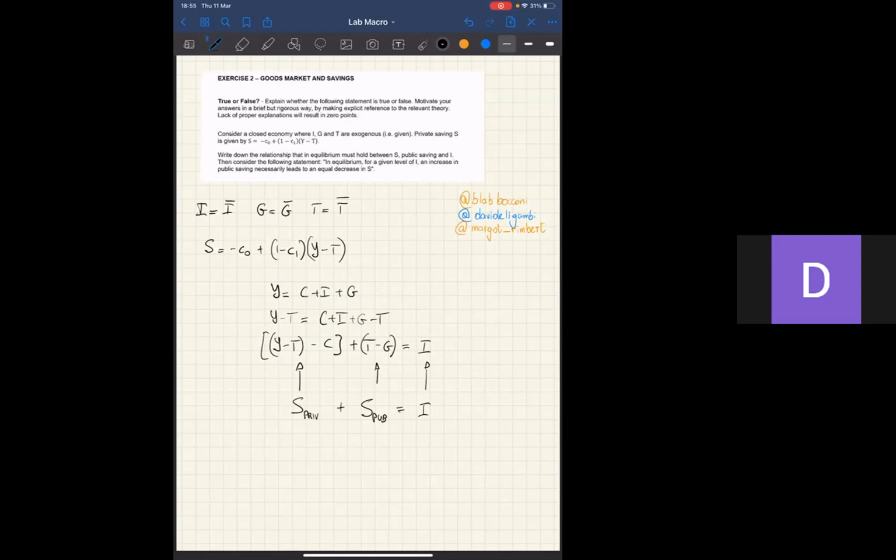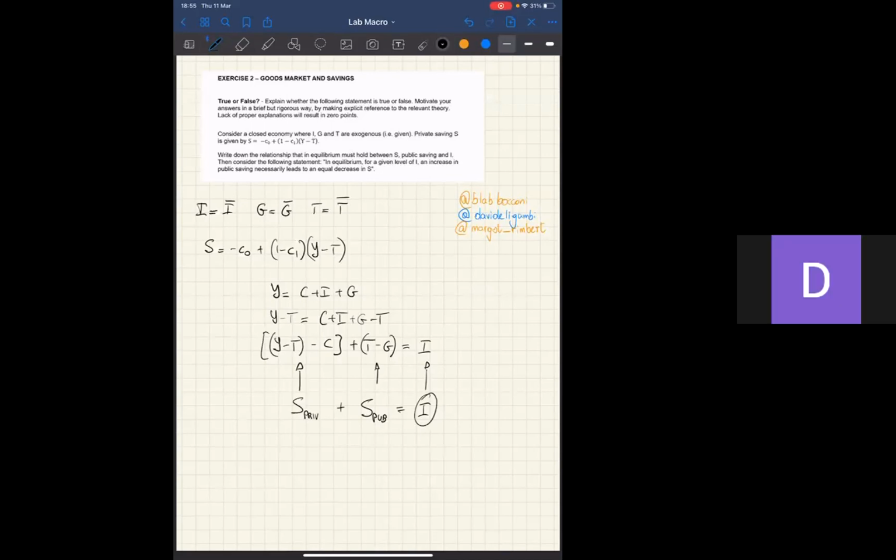From here you can understand that if you take this one as given, so if this one is unchanged, if one of these goes up, then this one has to go down, and this is symmetric for any other variable in this equation.